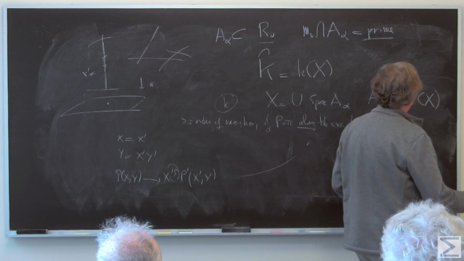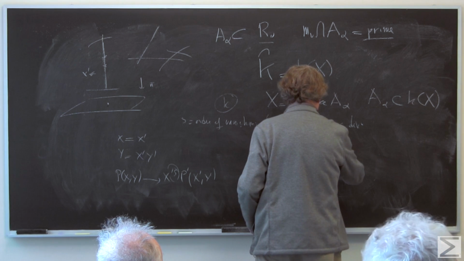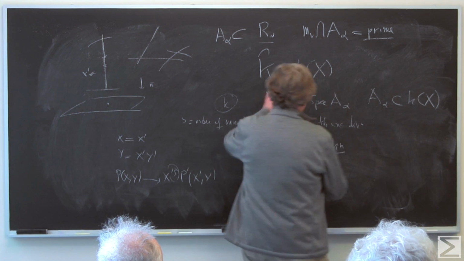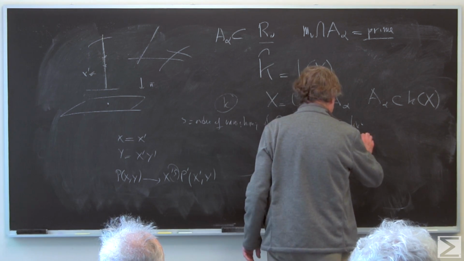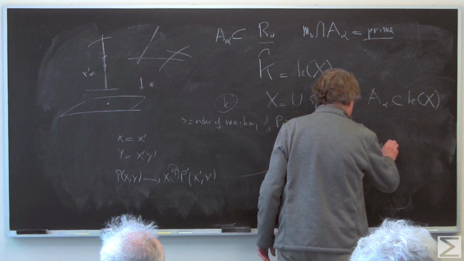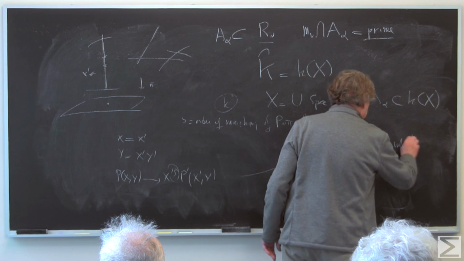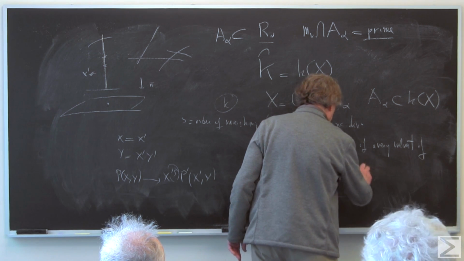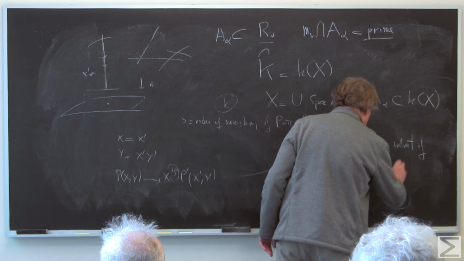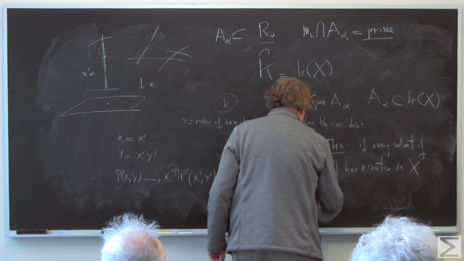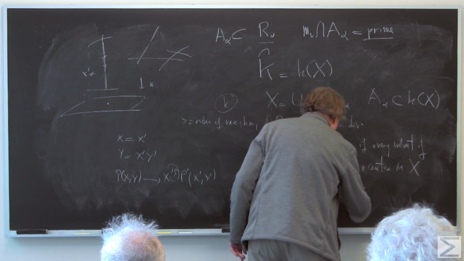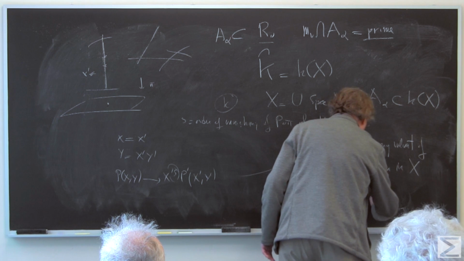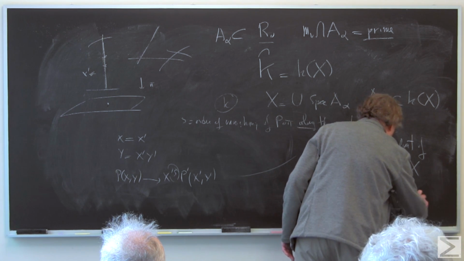In fact, the fundamental theorem is that if I have algebraic varieties like this, if every valuation of K of X has a center in X, then X is proper over K, and conversely.